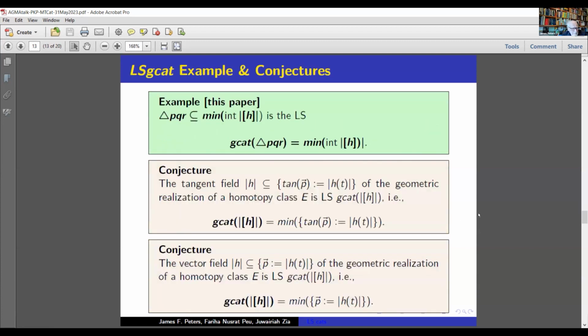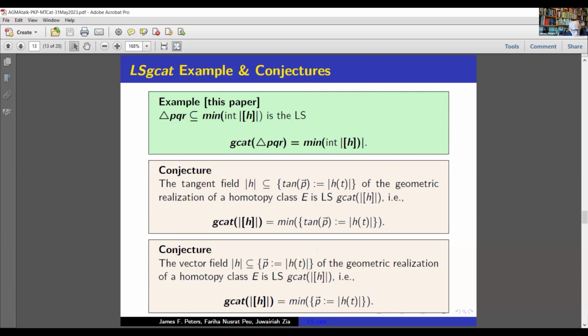And here we have examples. The example of this paper is that if you have a triangle in the Euclidean plane, it's going to be a subset of the minimum of the interior of the path class. And this turns out to be the geometric category of that triangle, which is the minimum of the interior of those geometric realizations of path classes.